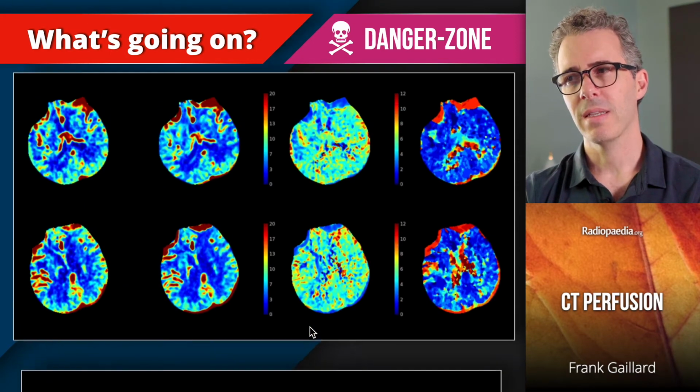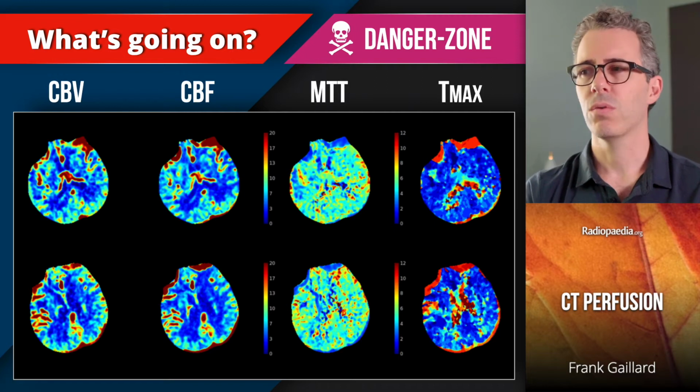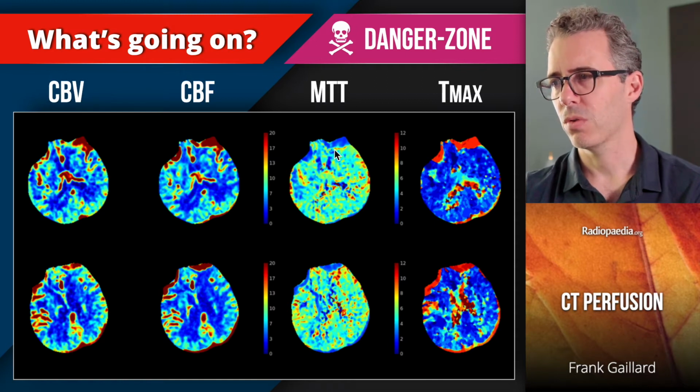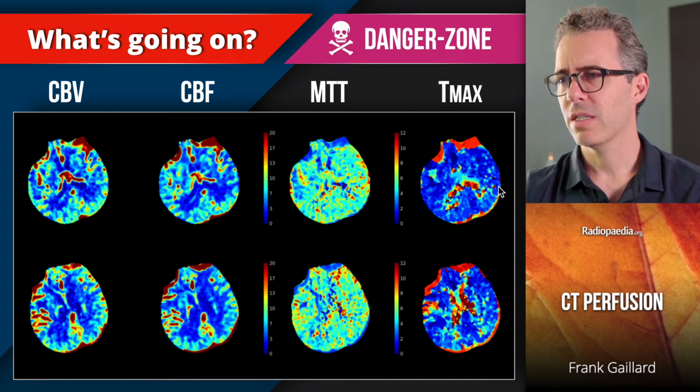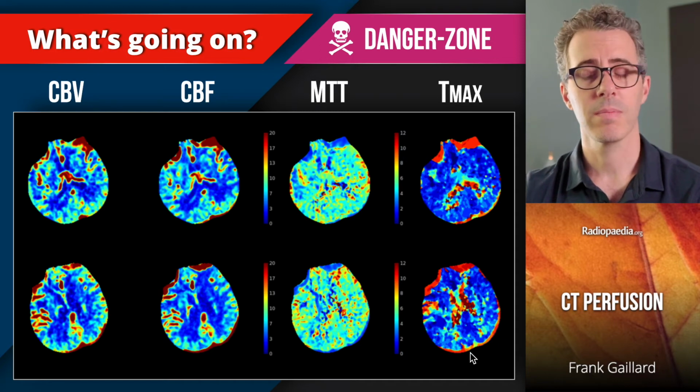But if we go back to these maps, none of this really hangs together. First of all, these areas are way too inferior and don't match the territory at all. And additionally, we have these crescents posteriorly of abnormal perfusion, very elevated CBF, but also very prolonged Tmax.